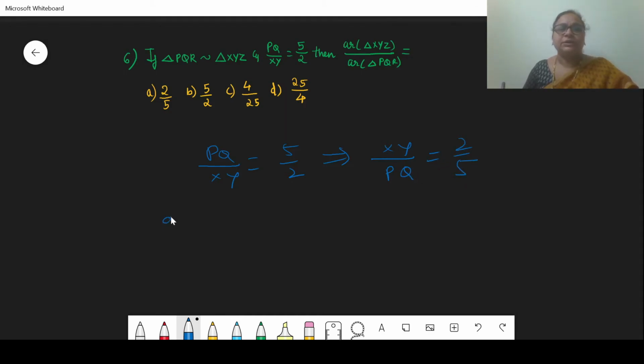Now area of triangle XYZ by area of triangle PQR is equal to 2 by 5 whole square, that is 4 by 25. Option C, 4 by 25 is correct.